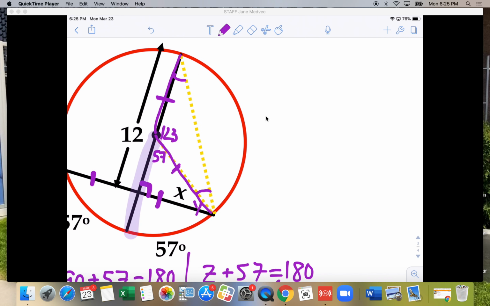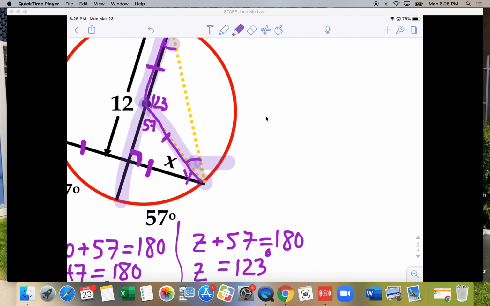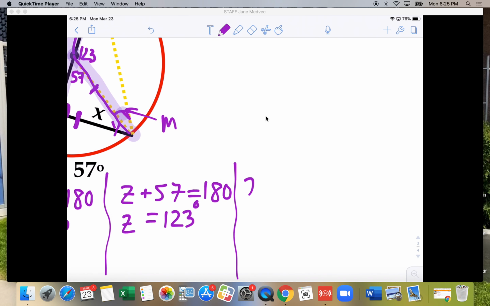Because that's an isosceles triangle, so this side and this side are congruent, this angle and this angle are congruent, I'm going to name those angles M. So 2M plus 123 equals 180. 2M equals 57.